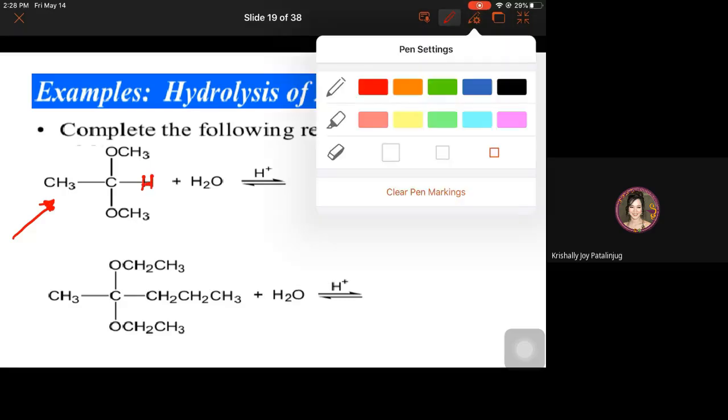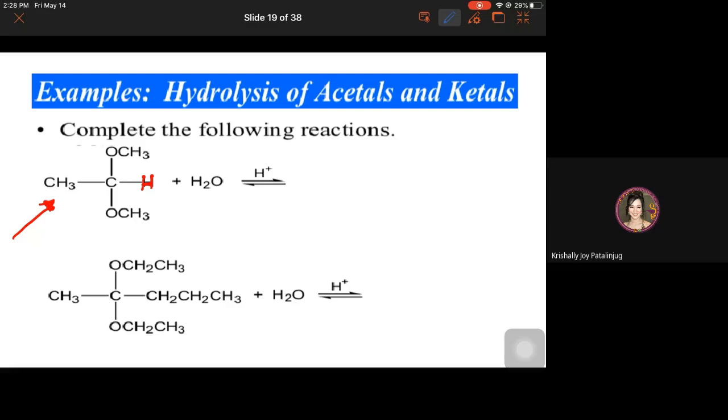So what happens again: protonate, then the excess alcohol would be 2 moles of methanol, di ba? CH3OH, CH3OH. Then copy the CH3.